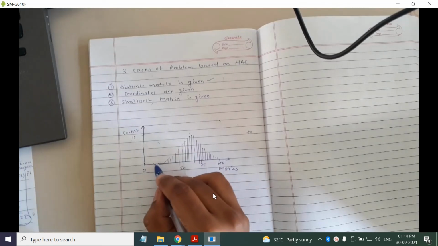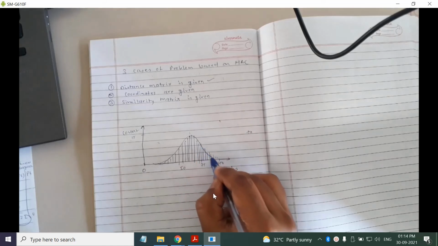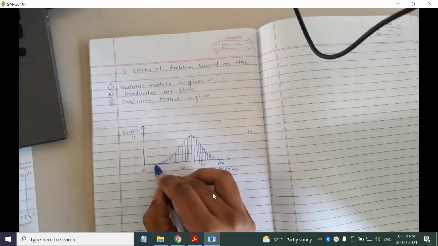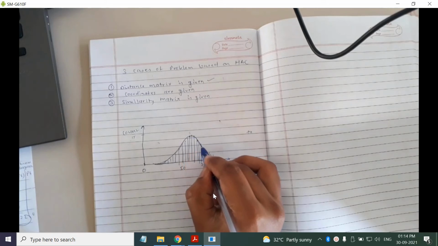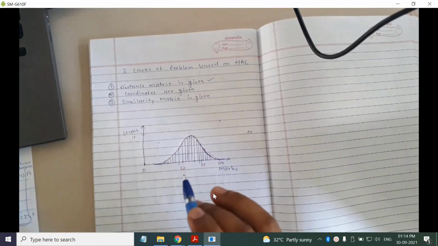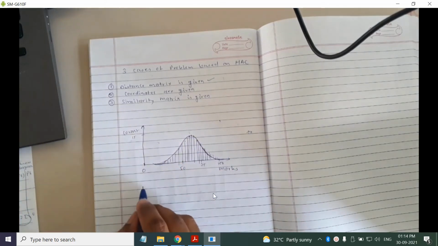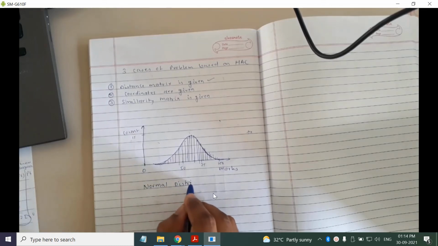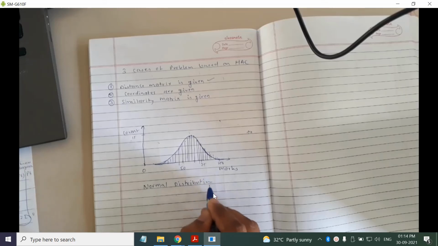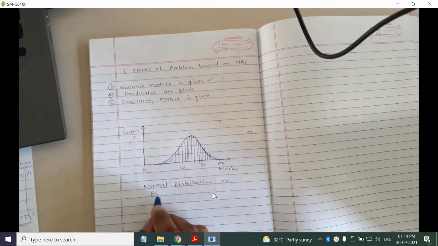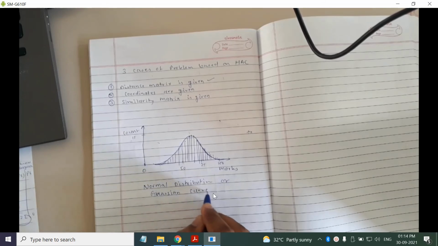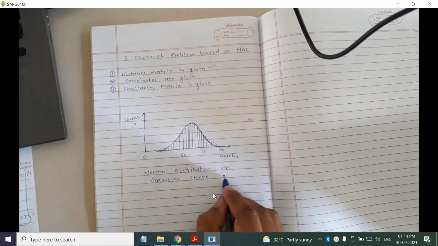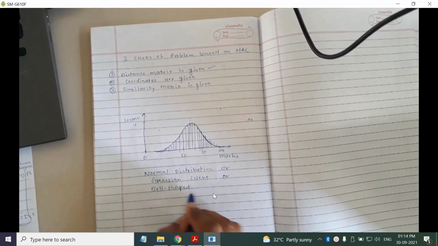If I plot a graph, most natural phenomena follow this graph, and this is known as the normal distribution, also known as the Gaussian curve, Gaussian distribution, or bell-shaped curve.